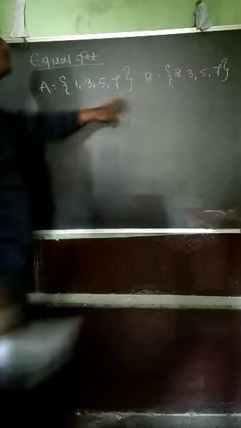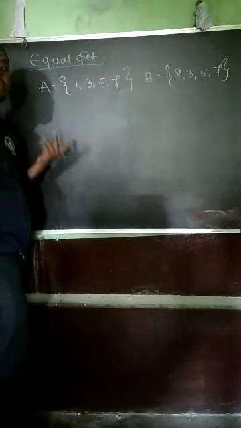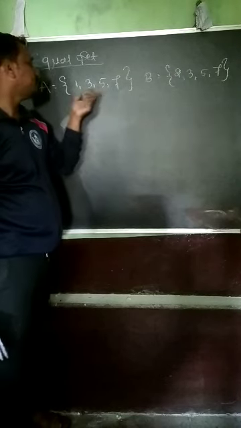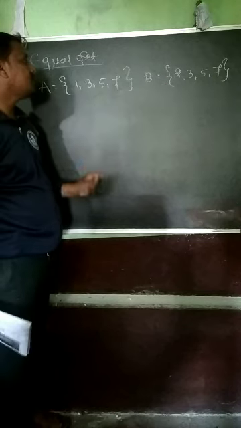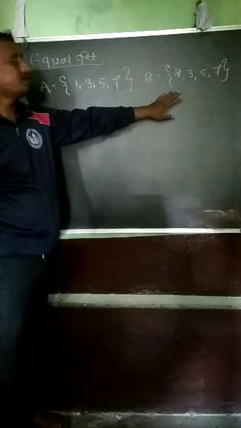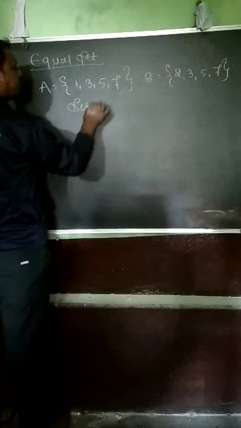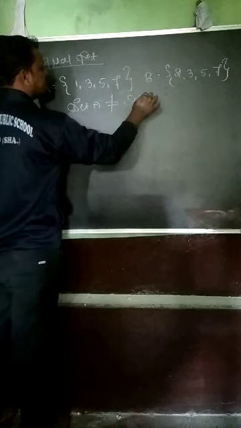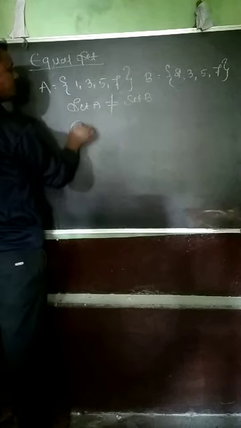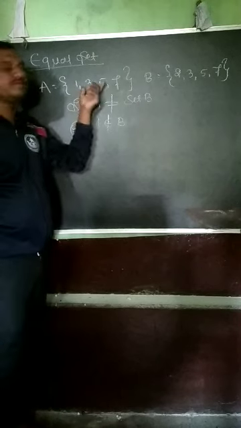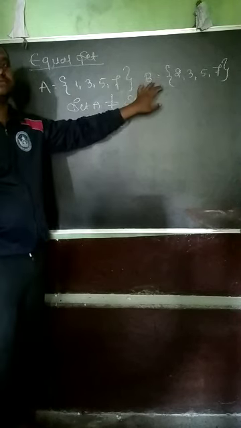Then are these two sets equal or not? See here, how many elements? 4. But see here, 1 is not in B, right? So set A is not equal to set B, as 1 does not belong to set B. So the elements should also be the same in set A and set B, right? In this way you have to solve the problems.